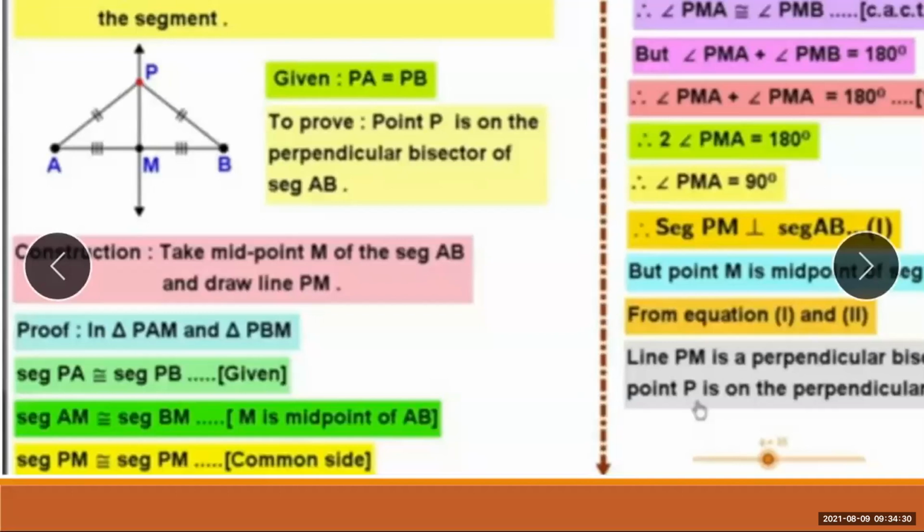And here PM is common in these two triangles.